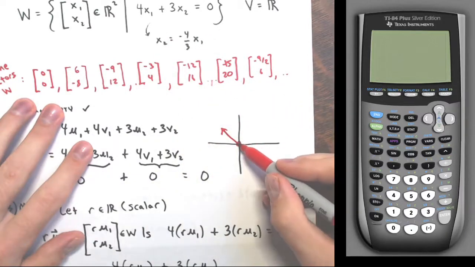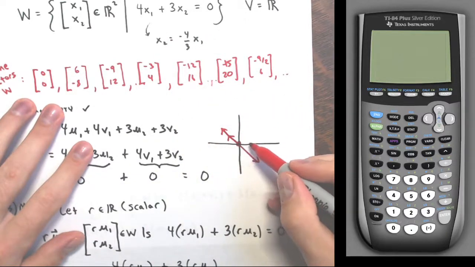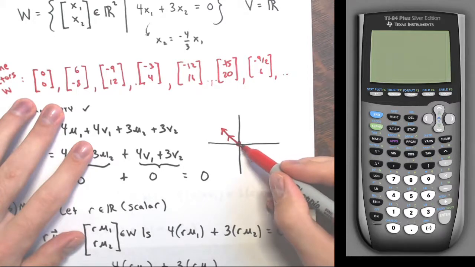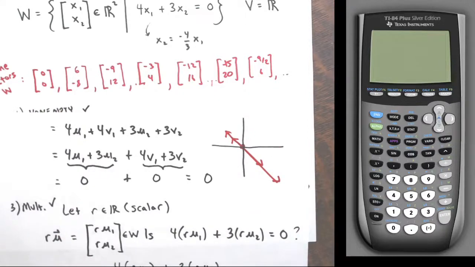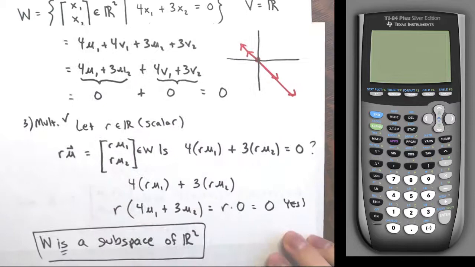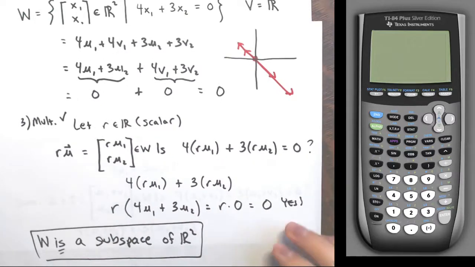All these vectors, -3, 4, 12, 12, 6, 12, -16. Again, you get this line through the origin. As I mentioned earlier, when the vectors form a line through the origin in R2, then you have a subspace of R2. All right. Okay.